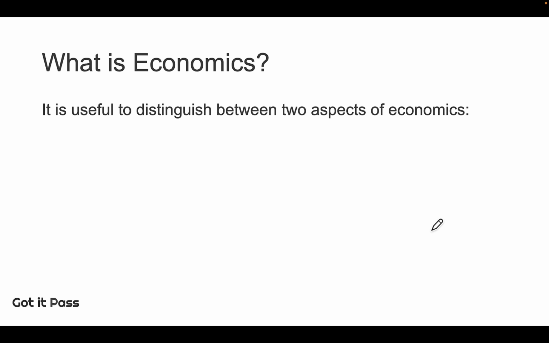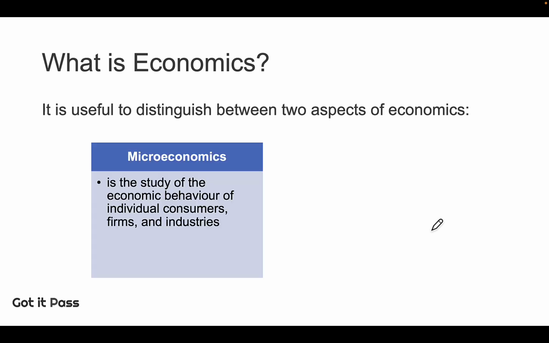It is important to distinguish between two aspects of economics. The first is microeconomics. Microeconomics is the study of the economic behavior of individual consumers, firms, and industries.